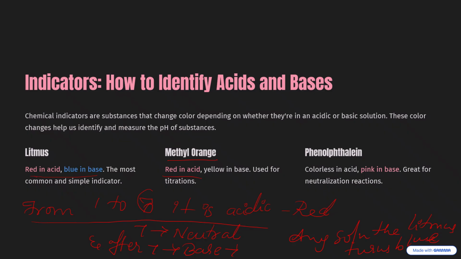Greater than 7 it's a base. Methyl orange ranges from 3.1 to 4.4, so it's acidic, and yellow in base. It is basically used for titration.